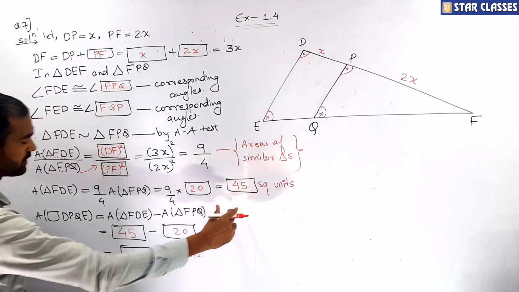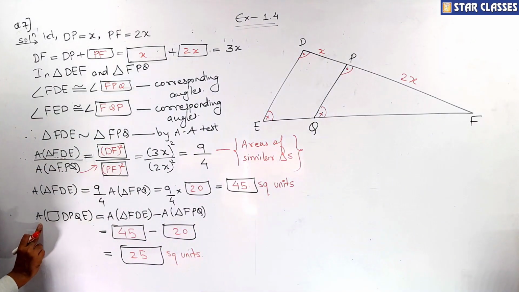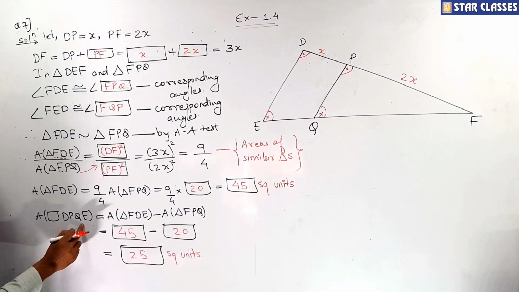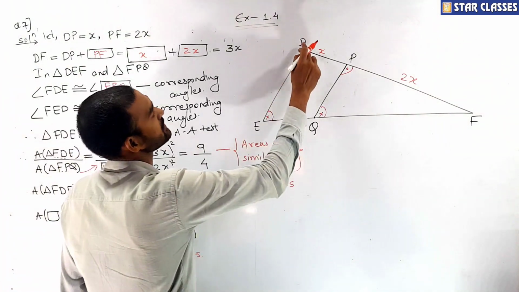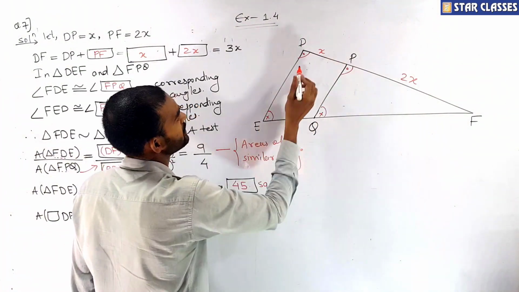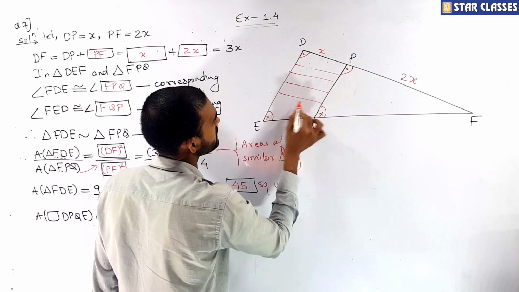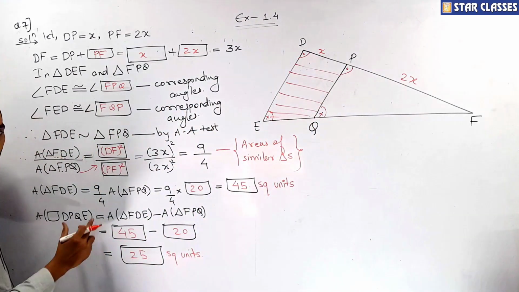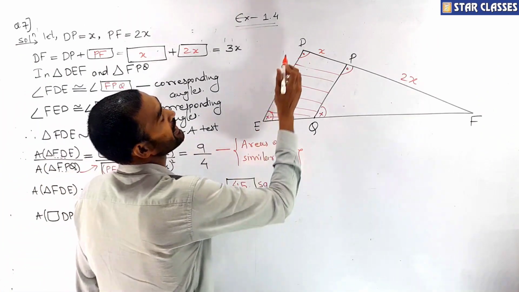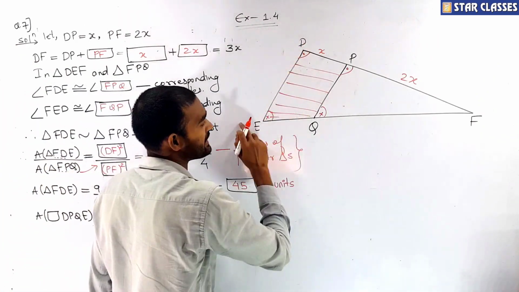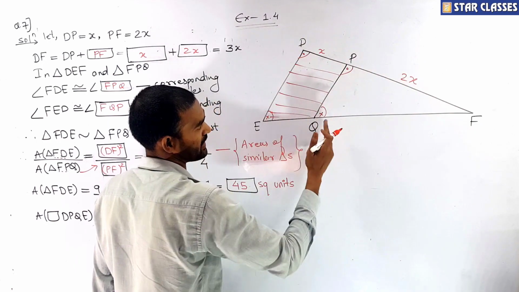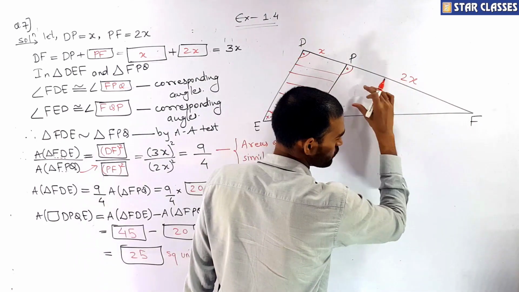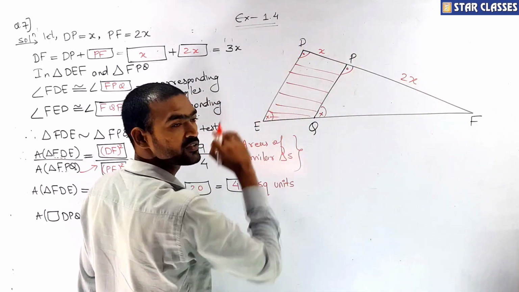Clear, everyone? Now next one. Area of quadrilateral DPQE. Where is it? Let us check. DPQE. So now we are into this quadrilateral. Clear, everyone? So how can we find the area of this quadrilateral? From the larger triangle DEF, if I subtract the smaller triangle, I will get this.